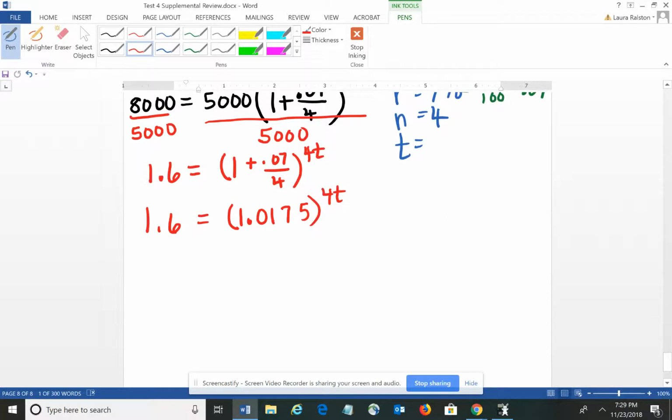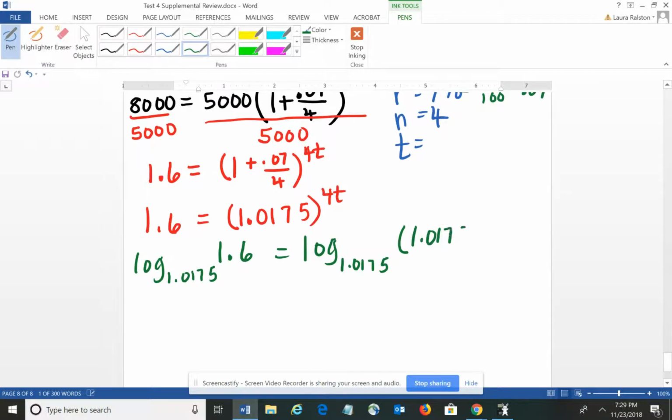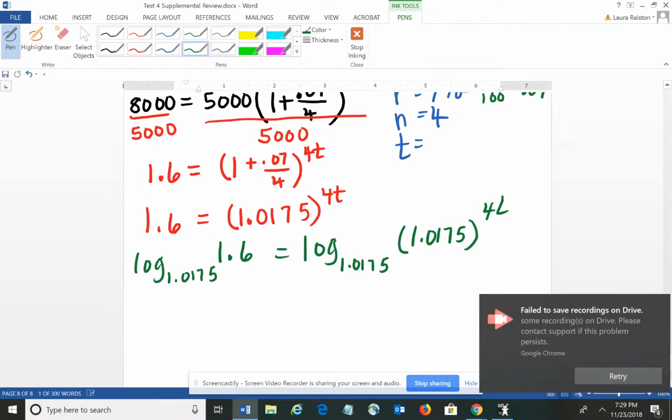So I'm going to take the log of both sides, but I'm going to use a base of this 1.0175. So I'm going to do log base 1.0175 of 1.6 equals log base 1.0175 of 1.0175 to the 4t power.